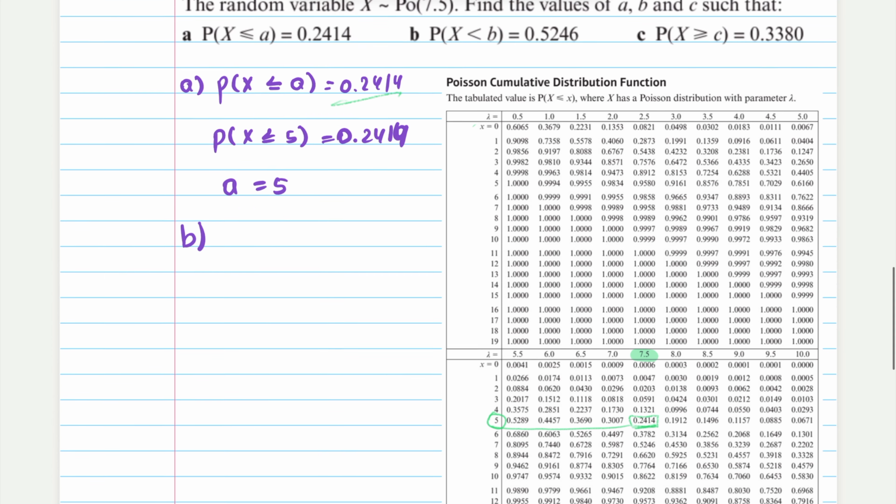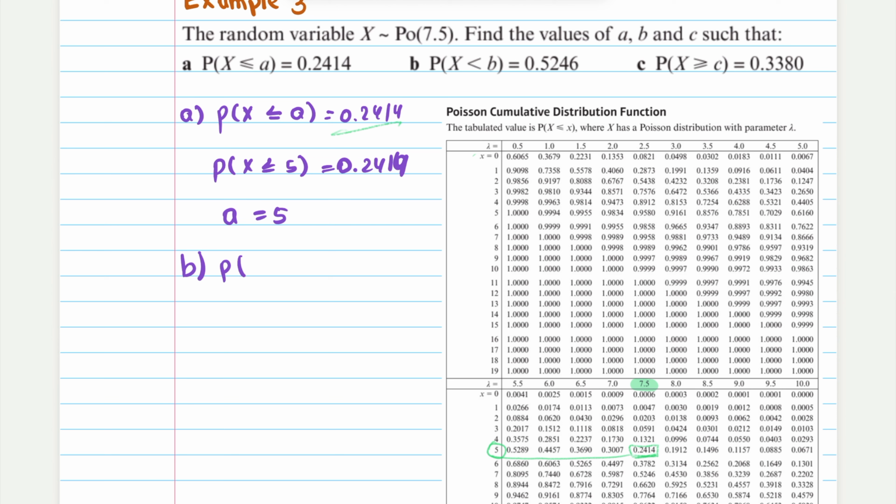So for part B, the probability of X being less than B is equal to 0.5246. So we know that this probability, X being less than B, can be written as the probability of X being less than or equal to B minus 1. B isn't included, so we just take 1 below.